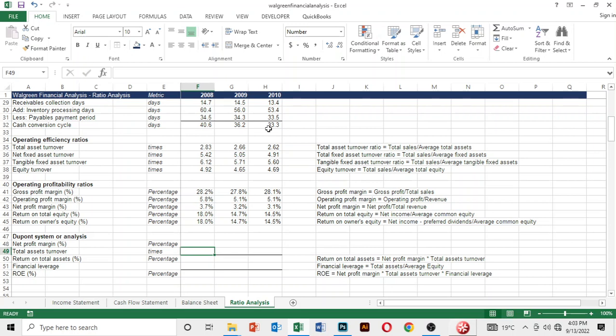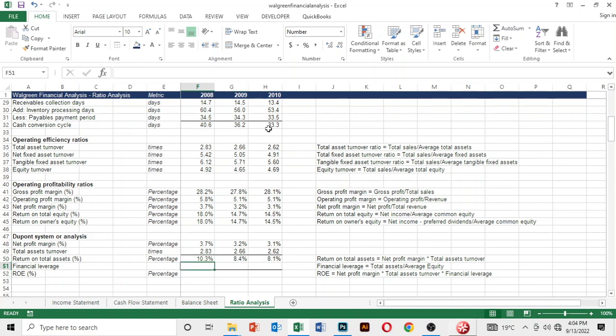So now we just say net profit. We have computed that already. So net profit margin, and then we copy it to the right, and then total assets turnover, we just copy that here, and we have got return on total assets, which is a product of net profit margin times total assets turnover, right?